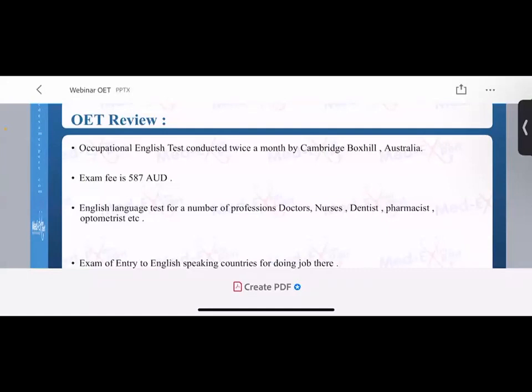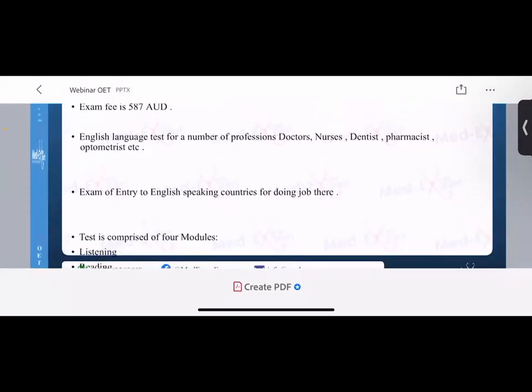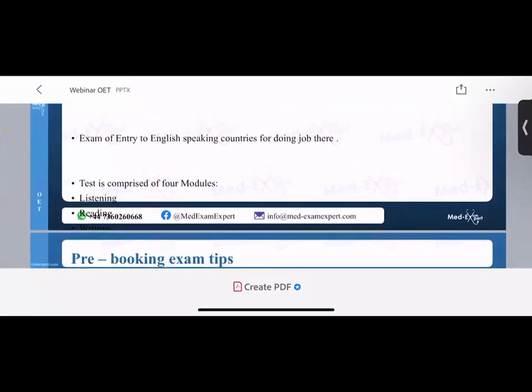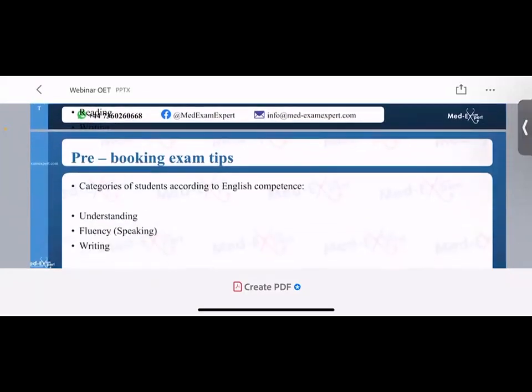As you all know, the exam fee is 587 Australian dollars. It is an English language test for a number of professions like doctors, nurses, dentists, pharmacists, and optometrists. So it is basically an exam for entry to English speaking countries for doing a job there. And it is comprised of 4 modules, which you all know very well: listening, reading, writing, and speaking.